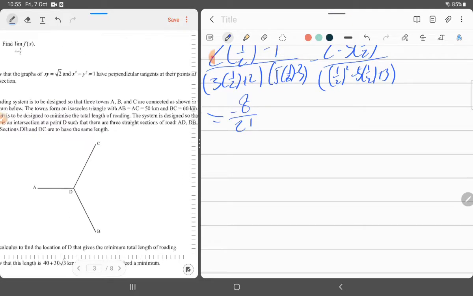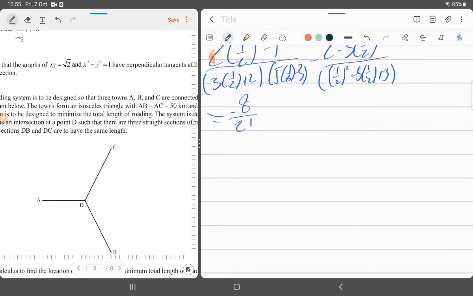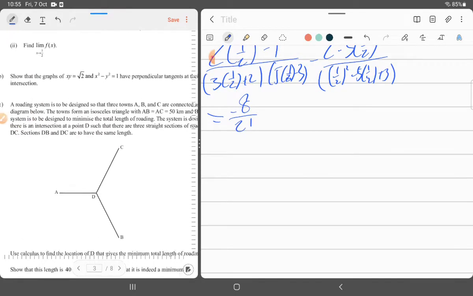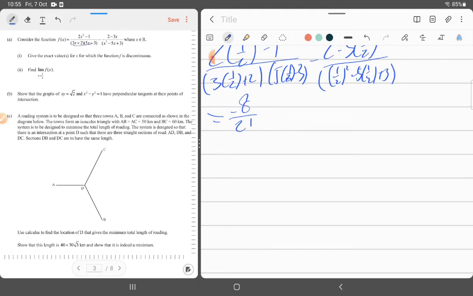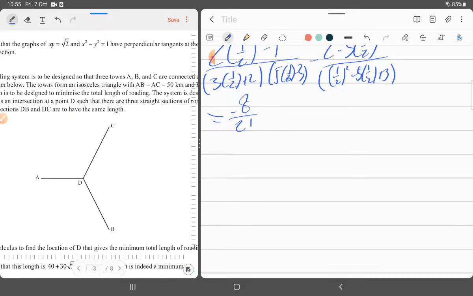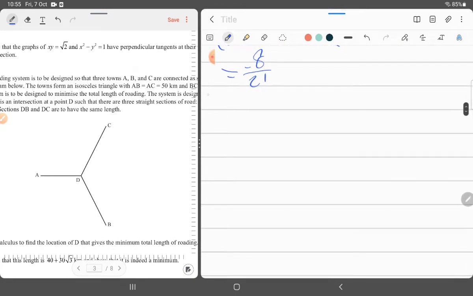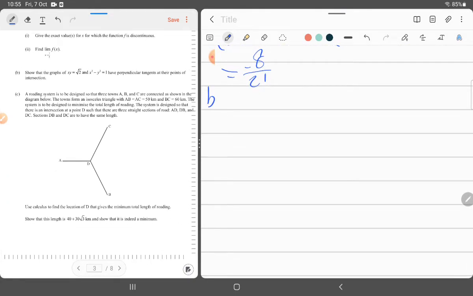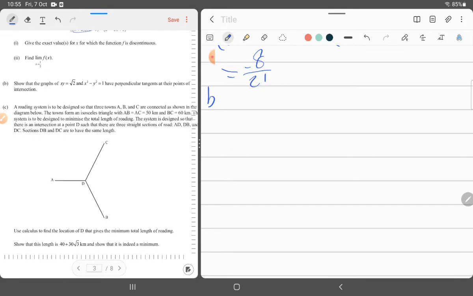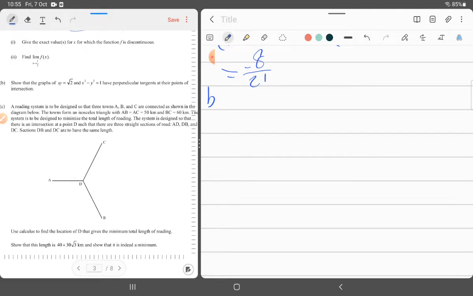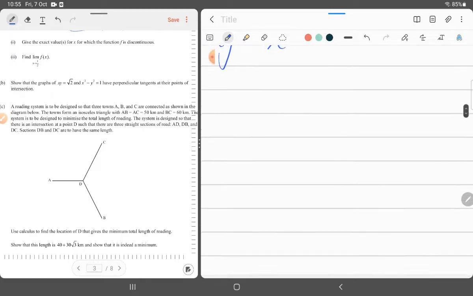Show that the graphs of xy and x squared take away y squared have perpendicular tangents at their point of intersection. So we can arrange the first equation into y equals the square root of 2 over x.